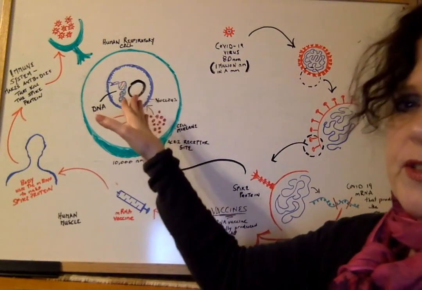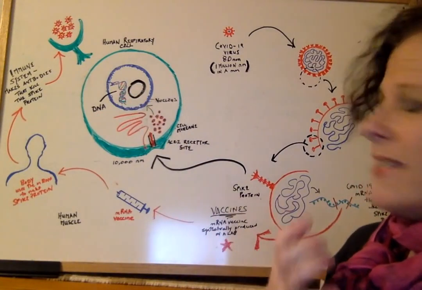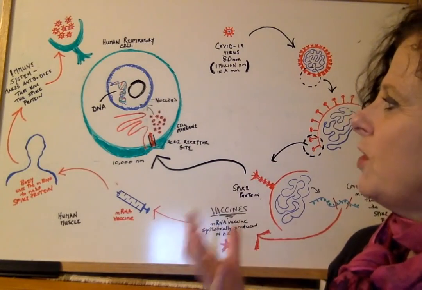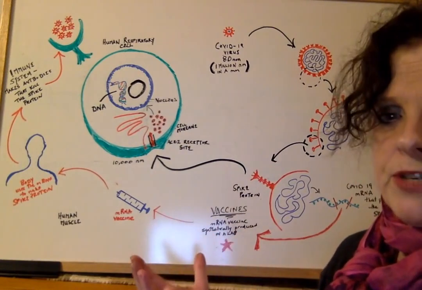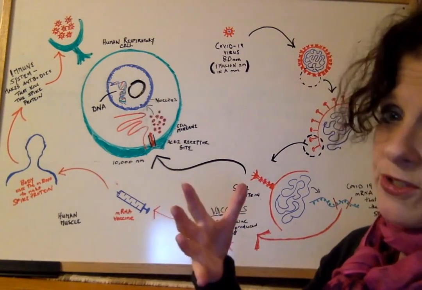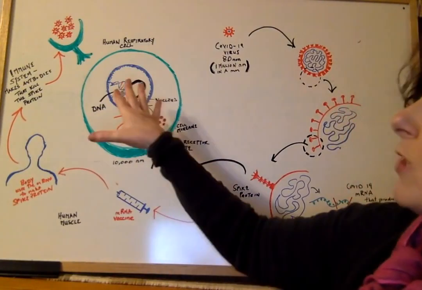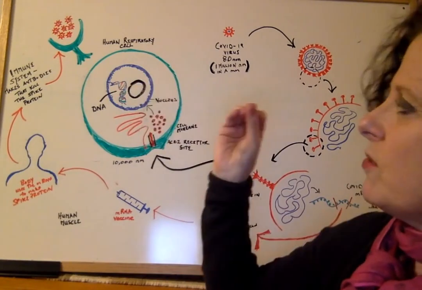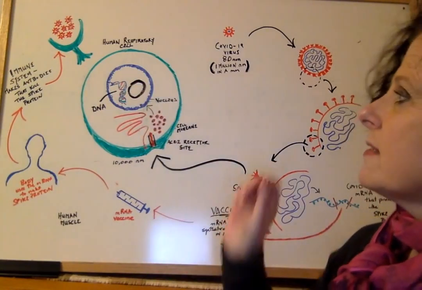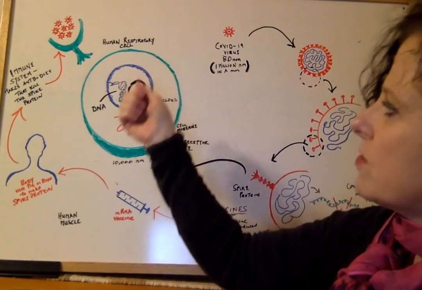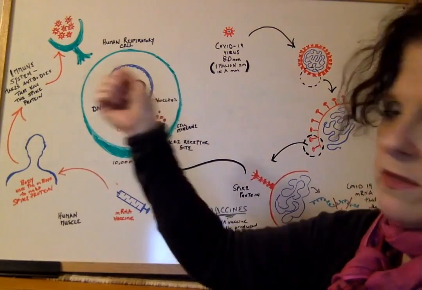And what's important about the nucleus is it contains our genetic material. And in humans, that genetic material is called DNA, which I'm sure all of you have heard about. DNA is extremely important. It's kept inside the nucleus of every single one of our cells. And the DNA actually instructs the cell to perform its function.